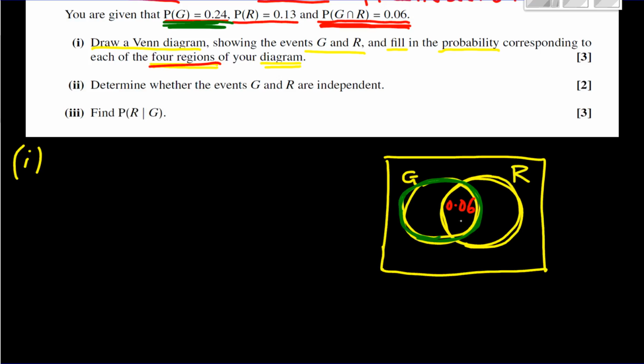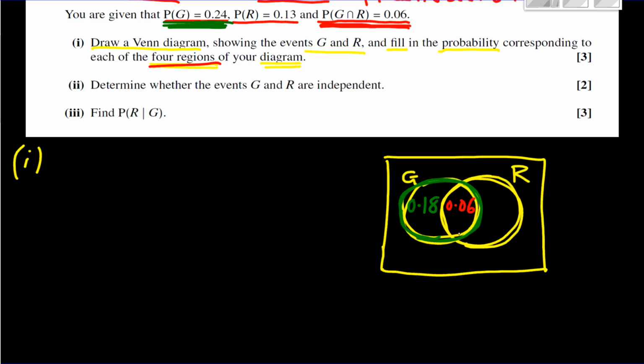We've already attributed 0.06 for people who go to the gym and go running. So everybody else doesn't go running, and that will be our 0.18. Those 2 added together give us our 0.24. I found the 0.18 by taking 0.06 away from 0.24. So that was that side.